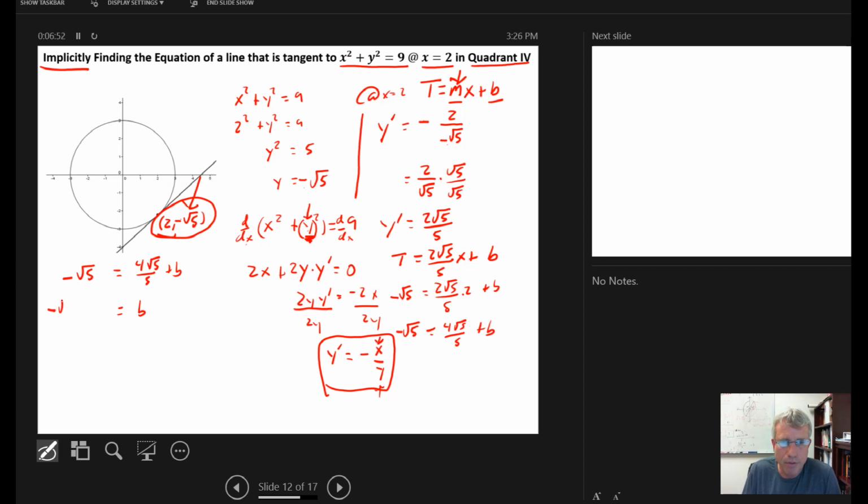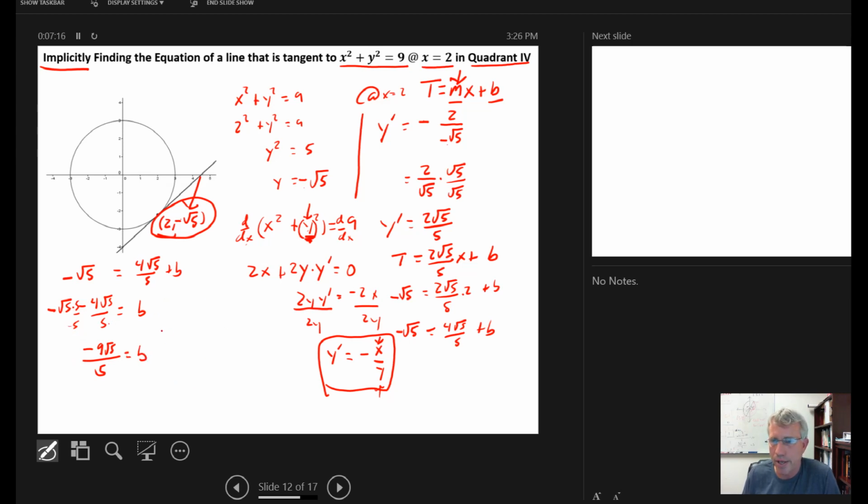So we get negative square root of 5 minus 4 root 5 over 5. And to get a common denominator, we would multiply this by 5 over 5. So we get negative 5 square roots of 5 minus 4 square roots of 5 is minus 9 square roots of 5, all over 5. The common denominator equaling b.